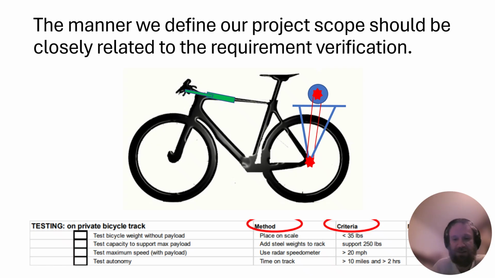Granted, these won't be necessarily mentioned within the project scope, but as we'll continue to discuss, the manner in which you will go about verifying and then later validating the achievement of your stakeholder requirements should be within your mind throughout the entirety of the project, because you want to make sure that any necessary equipment is available, or technologies required in order to perform the necessary tests are also available.